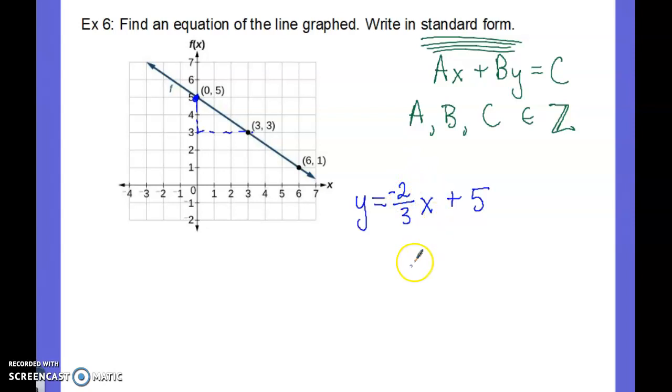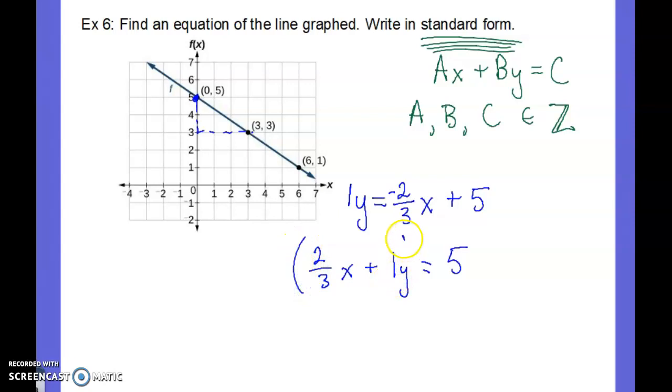So maybe I should do this in a different order. What I'm going to do is add 2/3 x to this side plus 1y, because remember that's 1y, is equal to 5. And I hope you're okay that I just added 2/3 to the left side.